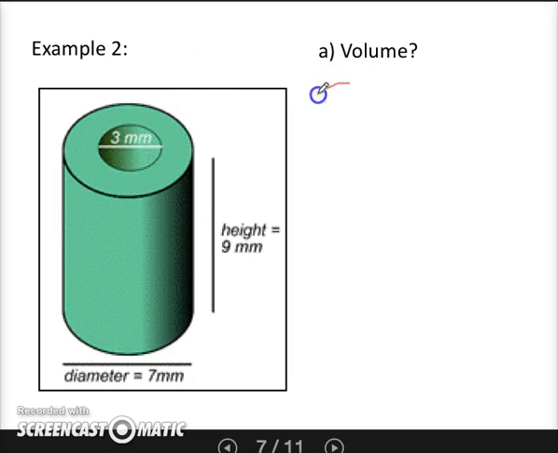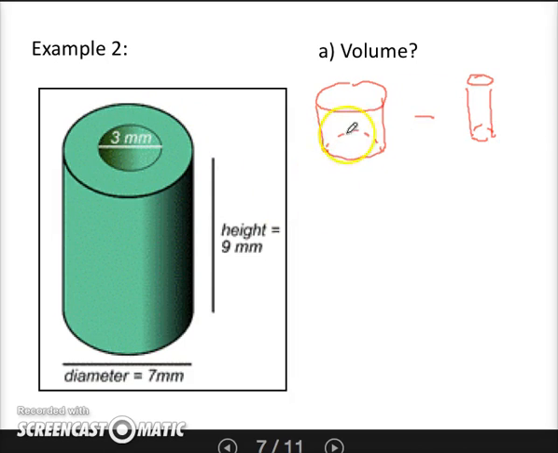So we have a cylinder here, and then we're subtracting a smaller cylinder from the inside of that. So you can imagine that the volume of this composite shape is going to be the volume of what it would have been without the hole in it minus the volume of the hole itself.